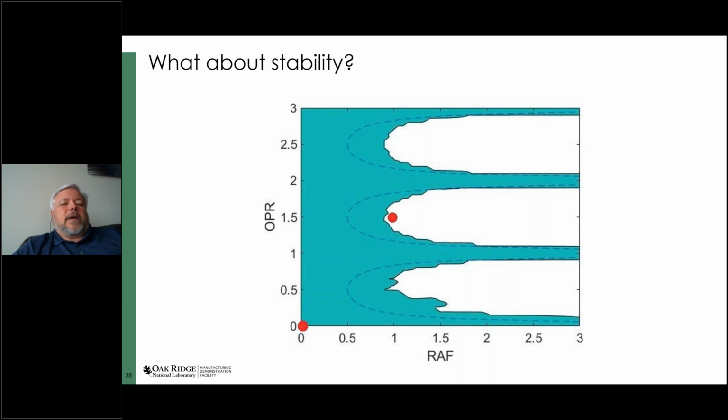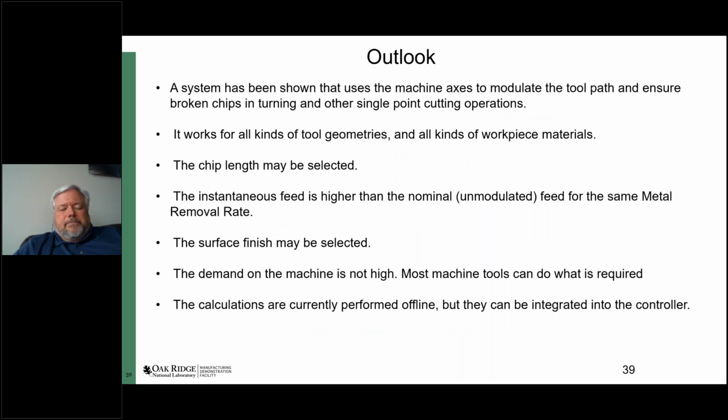It turns out that's okay because this diagram is much more forgiving in the amplitude than it is in the frequency, right? If the amplitude is bigger than about half of the feed per revolution, then almost for any frequency, it pretty much works. So that turns out to be okay.